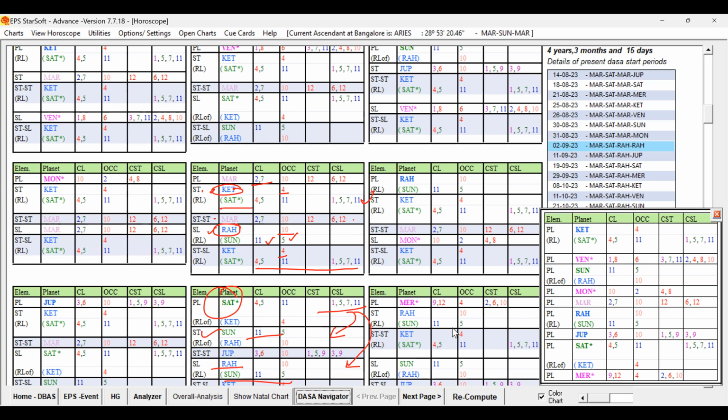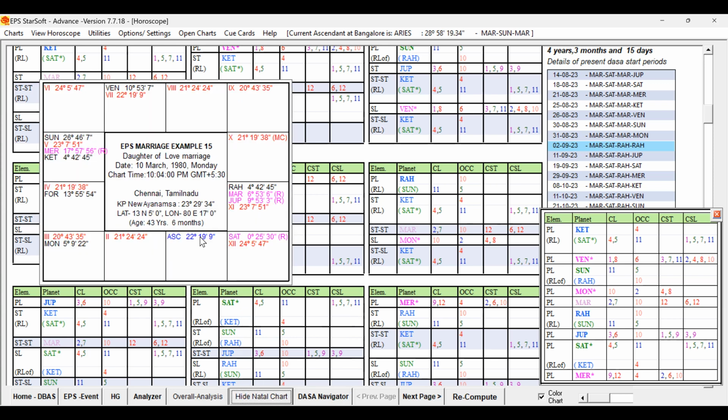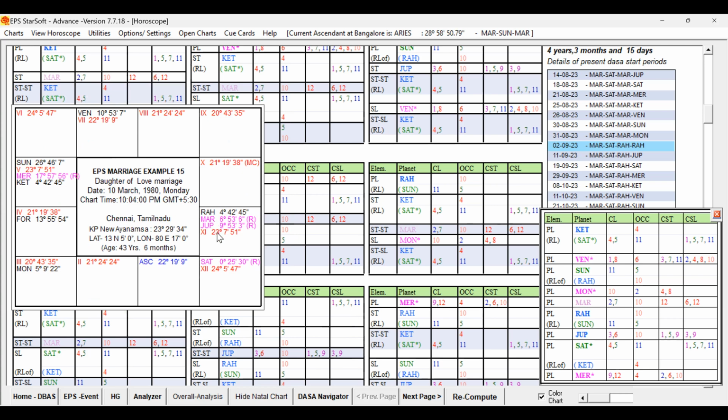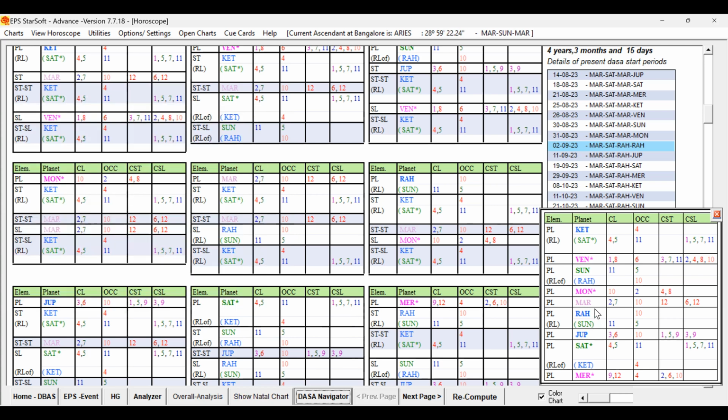So now, which are the favorable key planets of the destiny? Obviously Saturn and Sun. When Sun comes, Rahu also comes automatically because Rahu is aspected by Sun. And Rahu is conjoined with Mars and Jupiter. Mars is not a good key planet, 2 and 7 star lord only, but having some weakness.